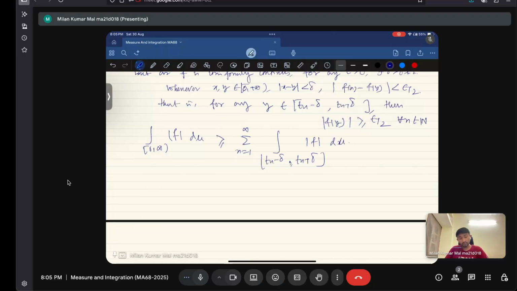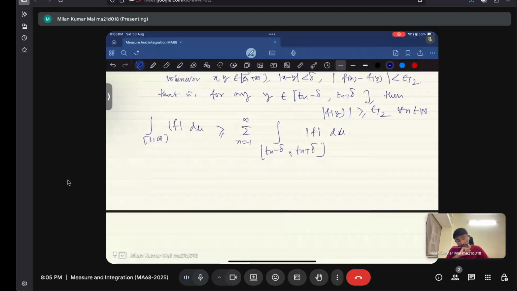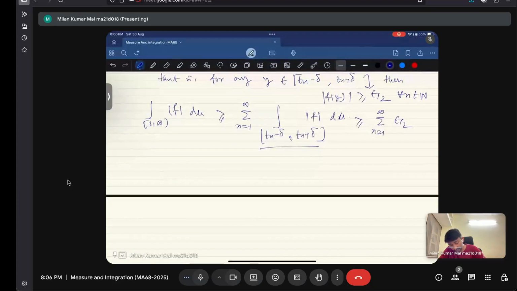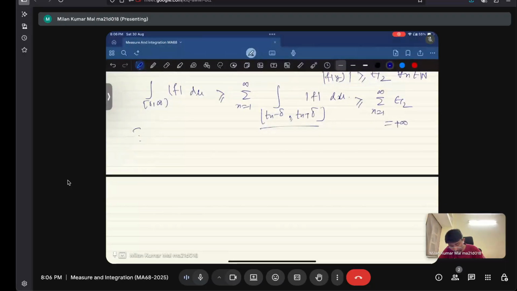But each of them is greater than or equal to epsilon by 2 on this particular interval for all n. So this must be greater than or equal to the sum over n equals 1 to infinity of epsilon by 2. But this series goes to infinity, so that means f is not integrable. This is a contradiction.